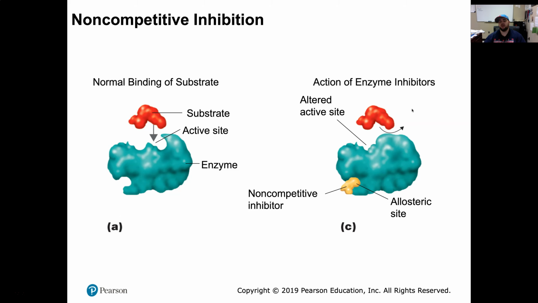Now, both competitive and non-competitive inhibition are reversible. So the inhibitors can let go, and then the enzyme can speed the reaction back up. So this isn't a permanent thing. Right now, we need to slow the reaction down because we have too much of a product.